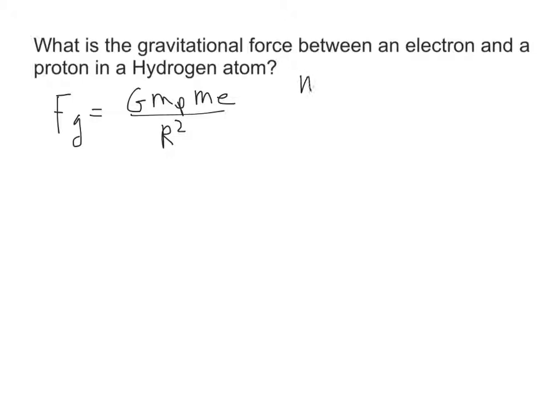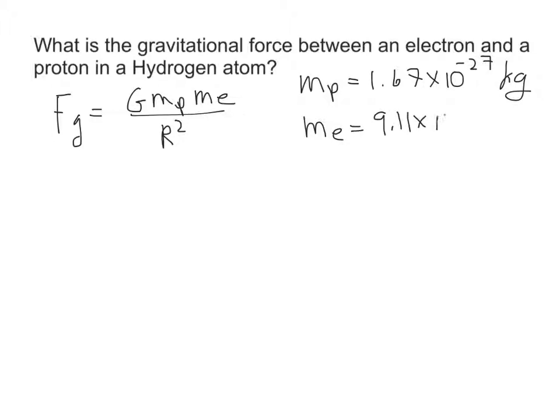And we just said a few pages back that the mass of the proton is 1.67 times 10 to the negative 27 kilograms, and the mass of the electron is 9.11 times 10 to the minus 31 kilograms. Again, their separation is 10 to the minus 10 meters.